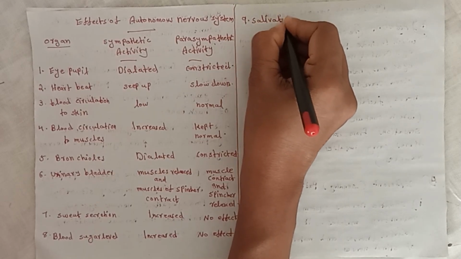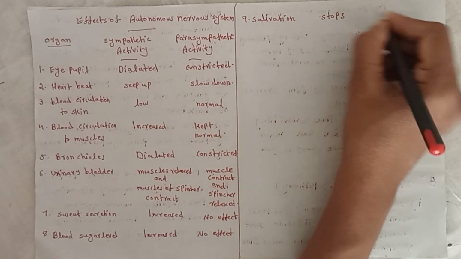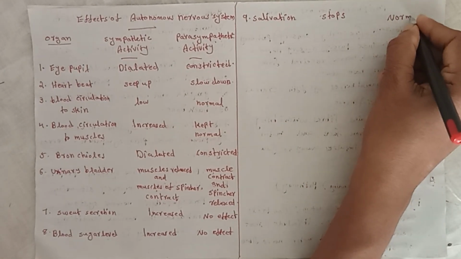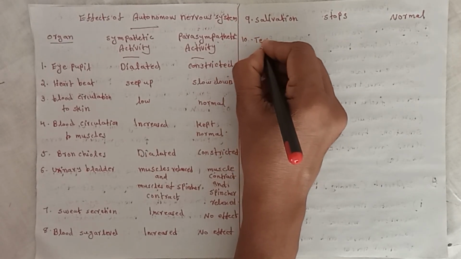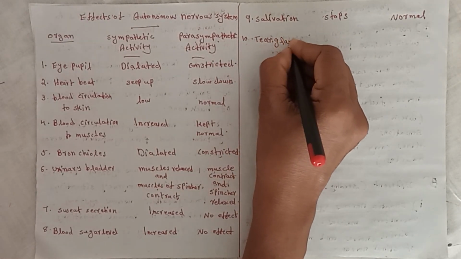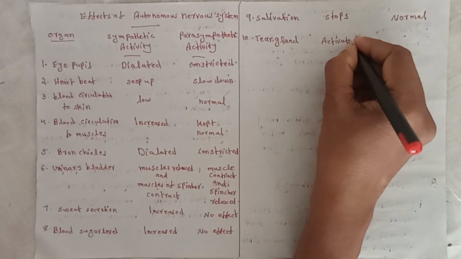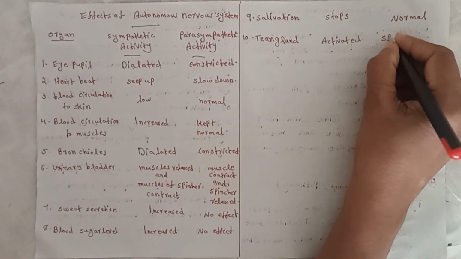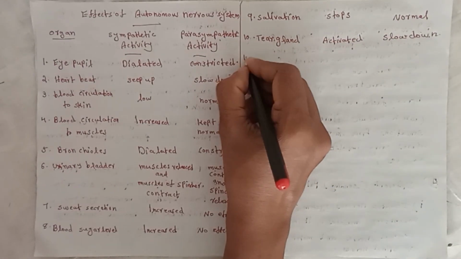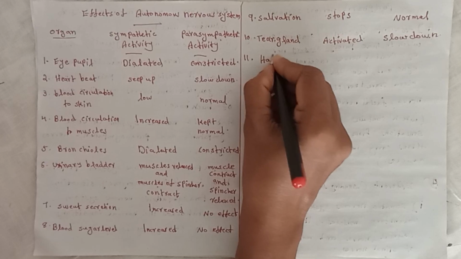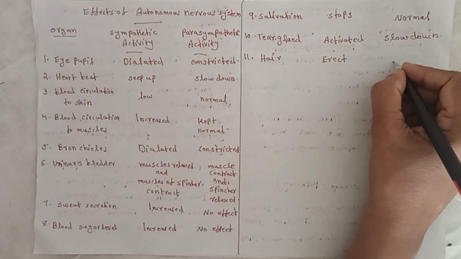Salivation: stops, normal. Tear gland: activated, slows down. Hair: erect, relaxed.